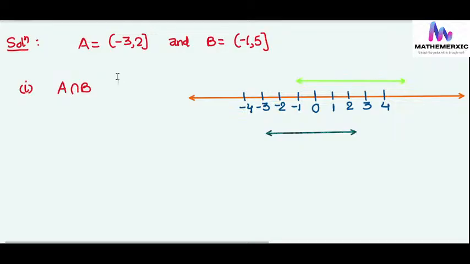Let us now do one thing. It is set A. Let me just erase this particular part. Okay, not possible.